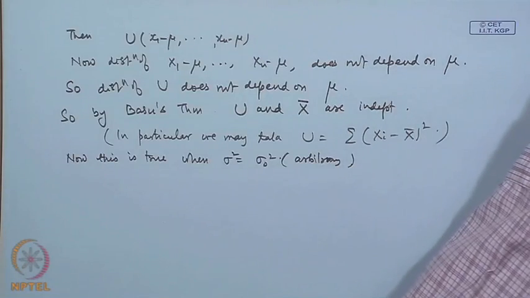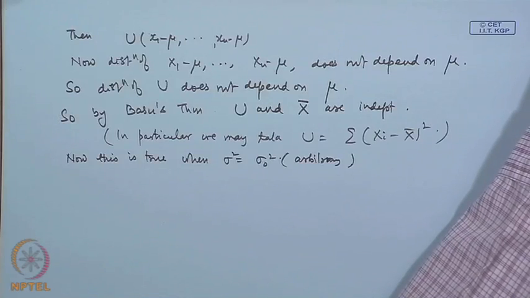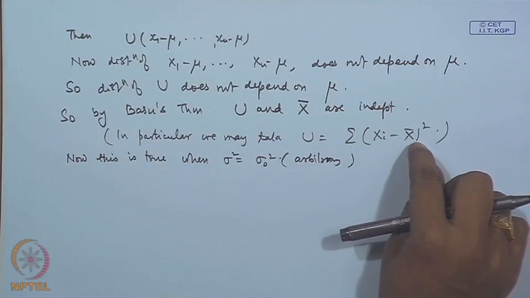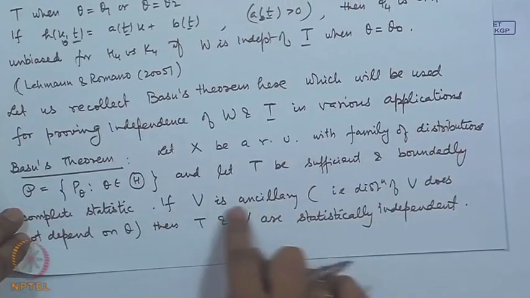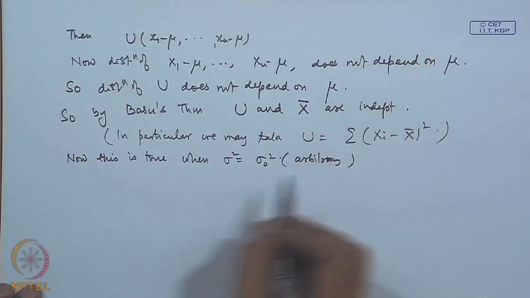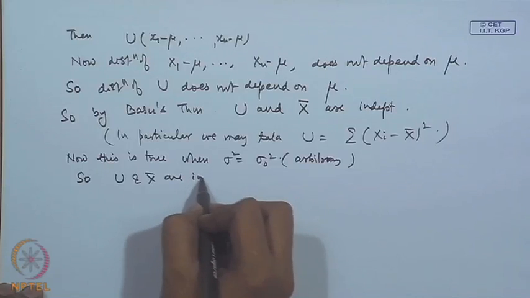So, if we look at this result here, the distribution of sigma x I minus x bar whole square does not depend upon mu. I am sorry, this is an application of Basu's theorem here. V is ancillary here. So, this follows from here. So, u and x bar are independent.